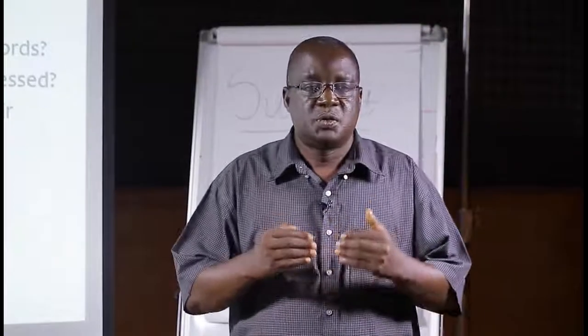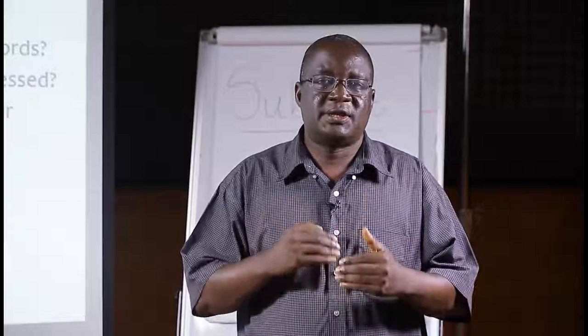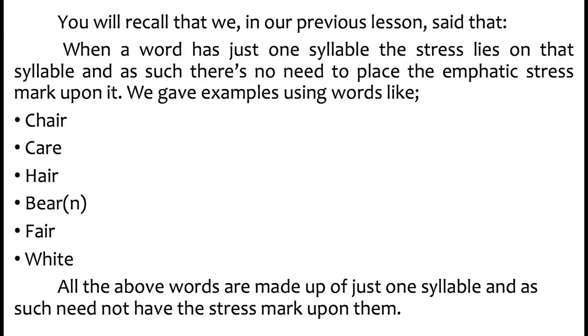Now, I would like to sum up all the things I have done from the beginning to the very end. Now, we said words having only one syllable have that very particular syllable emphasized, and there is no need to place any stress mark upon them.